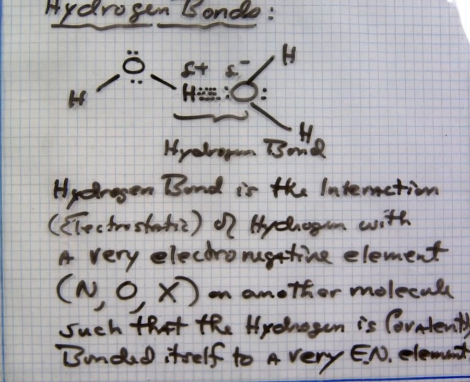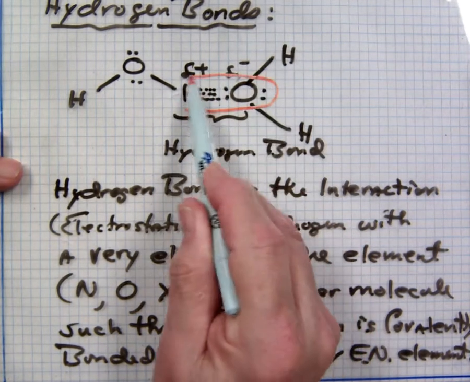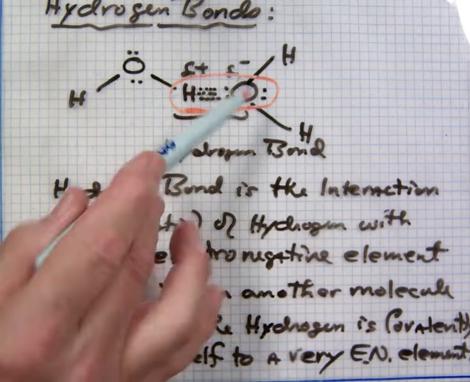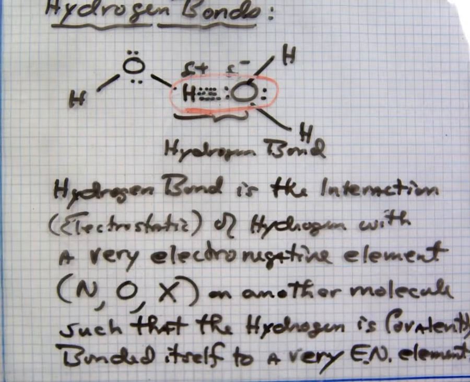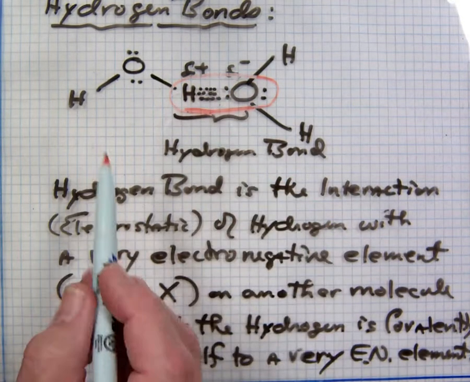So two things have to be present to account for hydrogen bonding. One is that the hydrogen has to interact with a very electronegative element on another molecule, like this right here that I'm showing you, hydrogen interacting with that.